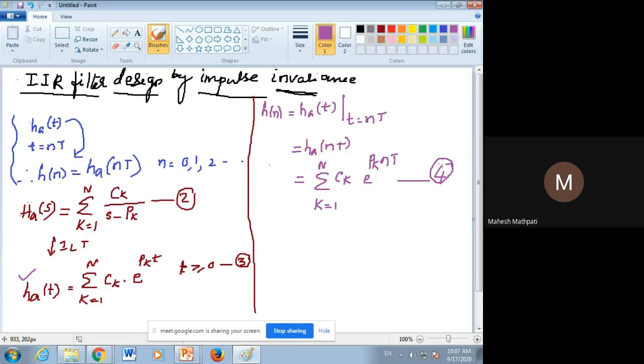What is the formula here? What is the formula we have for the Z transform?